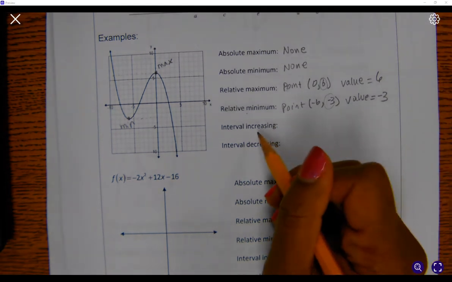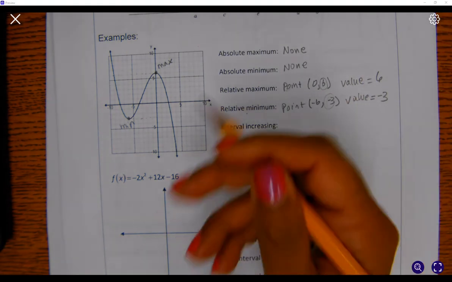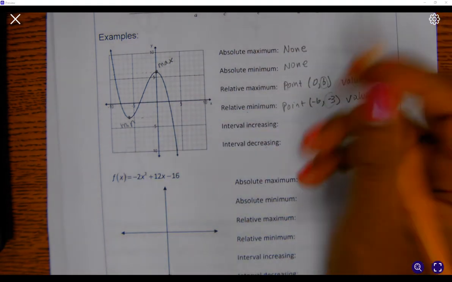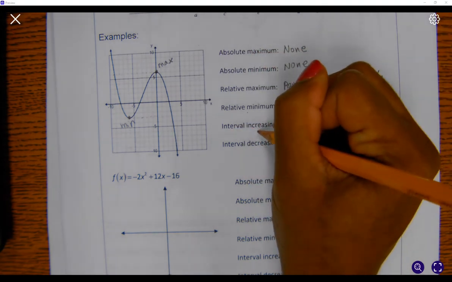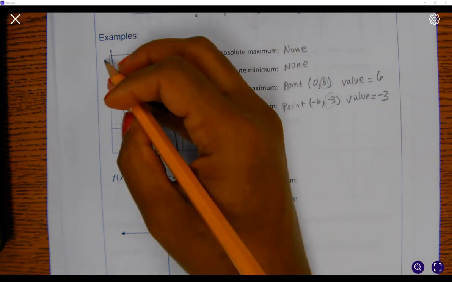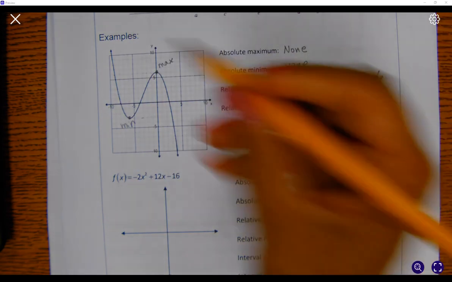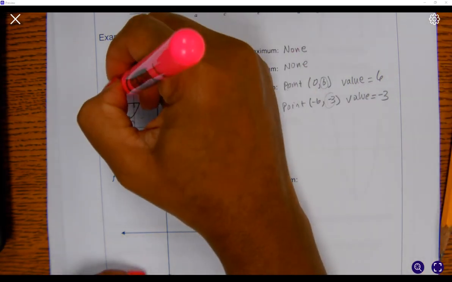All right. And then increasing and decreasing. So this is going back to the previous lesson, so I'll just add it in here. Let's review. How do we know it's increasing and how do we know it's decreasing? We always start from the left. On the left, your function is decreasing, it's going down.